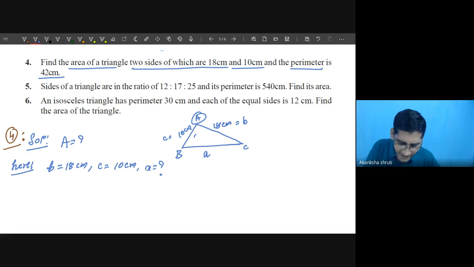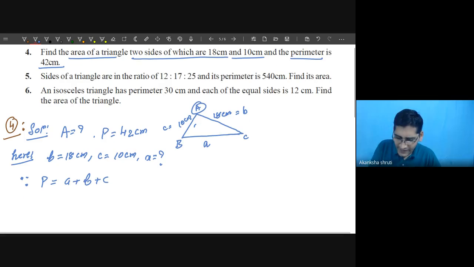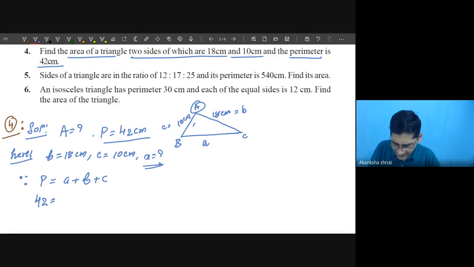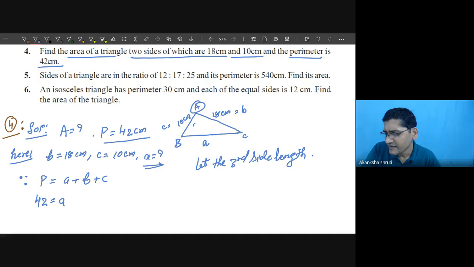How to calculate? It is given that the perimeter is already given as 42 centimeter. P is obtained by adding a plus b plus c. The perimeter P is given as 42 is equals to this a, means one of the side length we want to calculate. Or you may write this like this: let the third side length be a. It is denoted by symbol a.